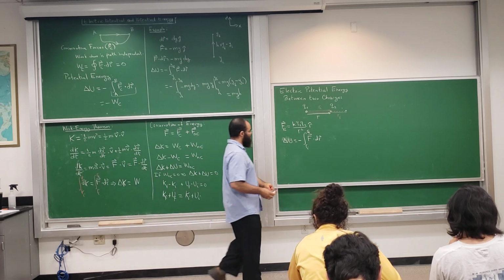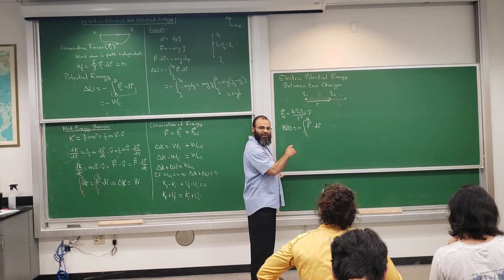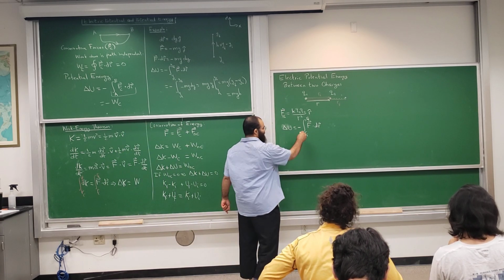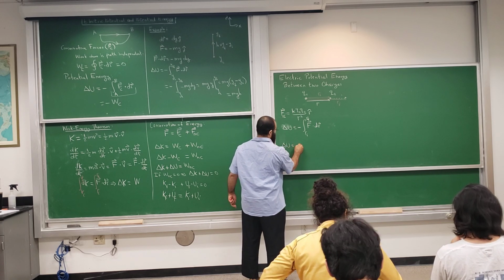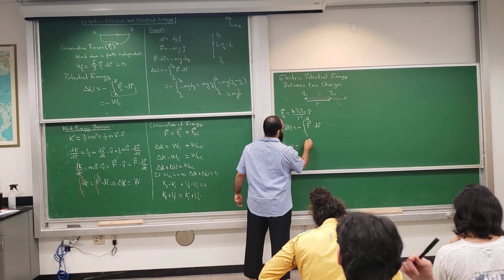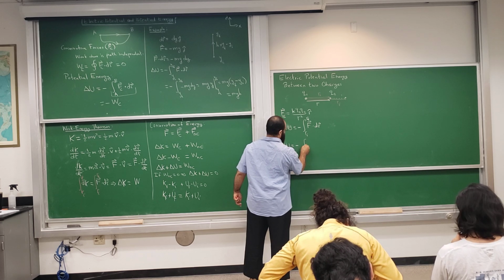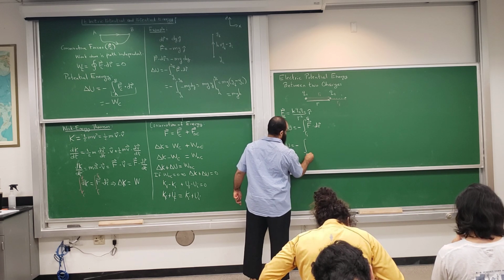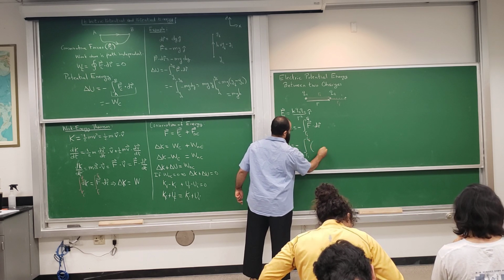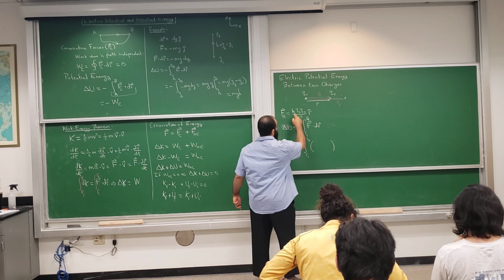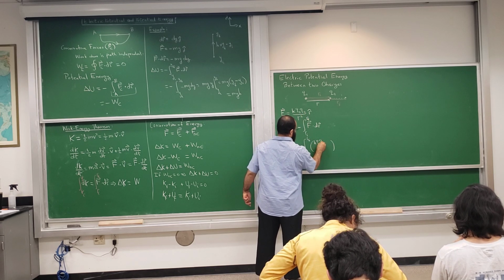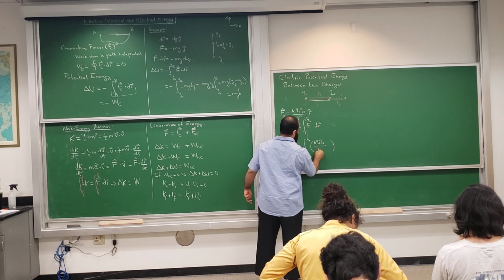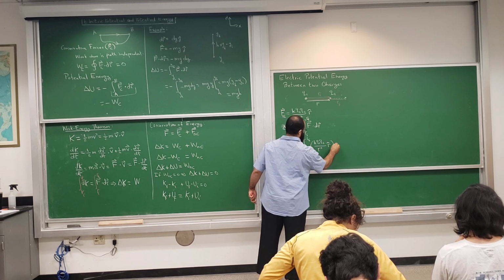So, since this is the first time we're doing this one, at least today, I'm going to write it fully. So I get delta U is equal to minus the integral from R initial to R final. I'll write F first. K Q1 Q2 over R squared and then R hat.